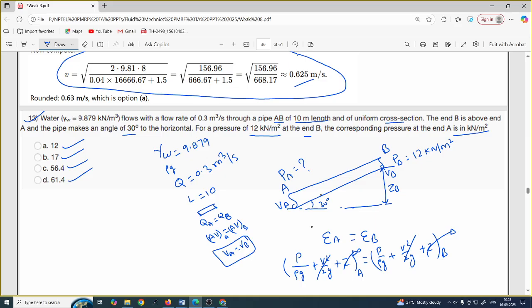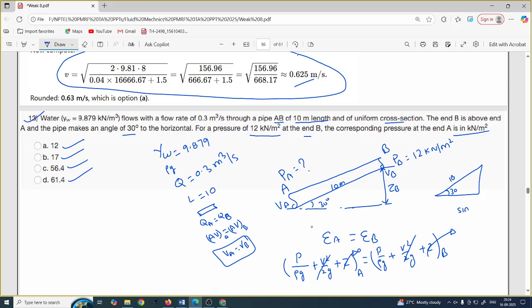The length of the pipe is given as 10 meter, and this is 30 degree. So how much is ZB?